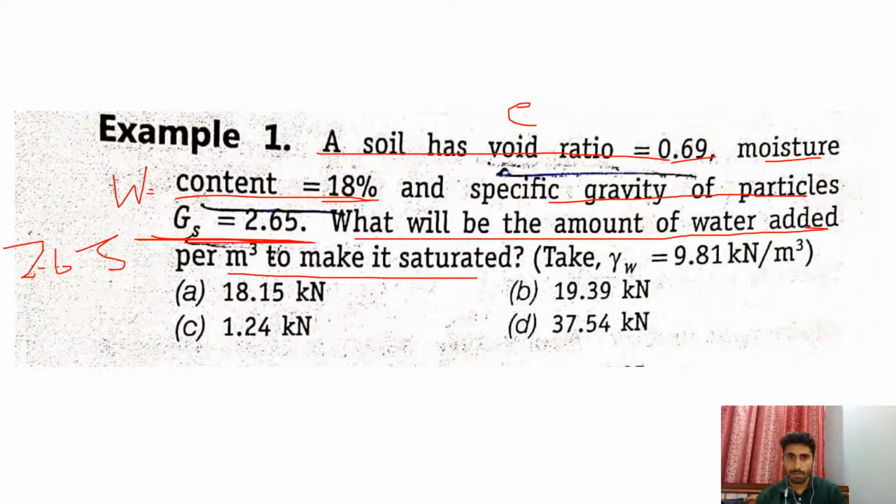Let's go further. Take white color. So we are given here that our soil has void ratio, that is e is equal to 0.69.